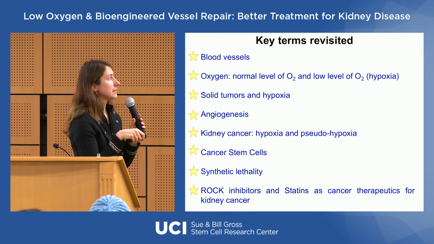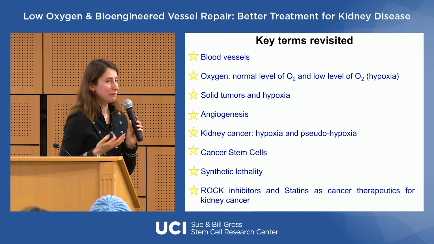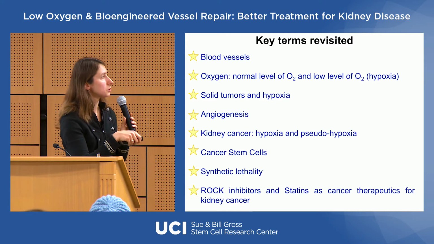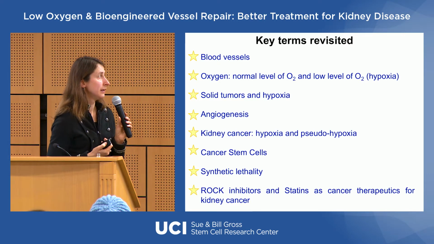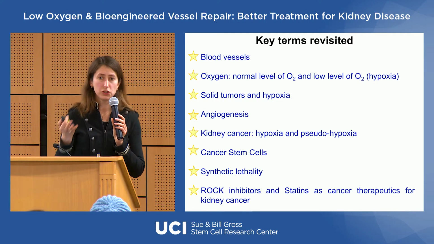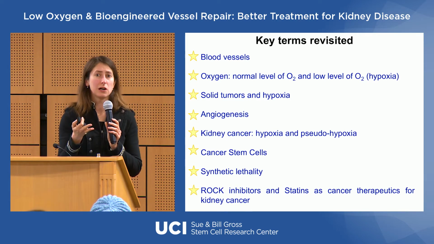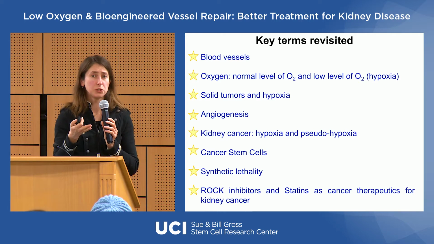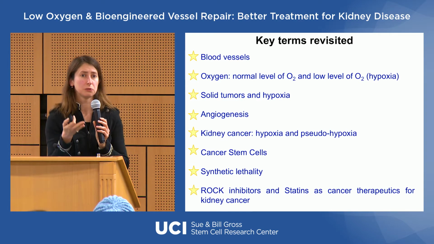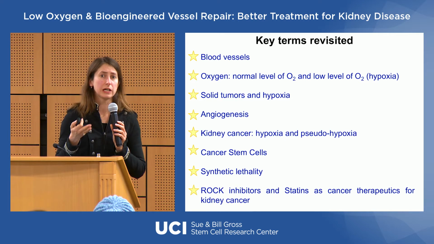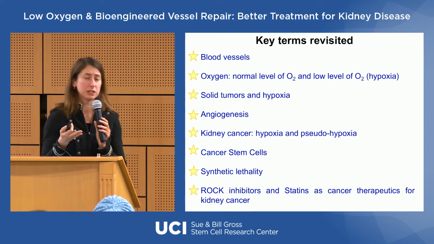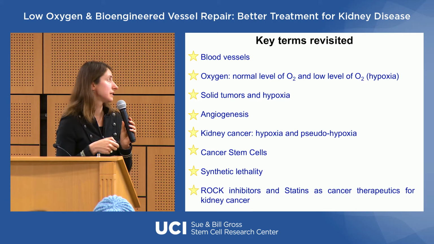For kidney cancer, I explained to you that they do have hypoxic regions as other solid tumors, but they also have so-called pseudohypoxia. This is when the oxygen tension is normal, but the cells think that they are in low oxygen. And then they have the hypoxia-inducible factor, the powerful transcription factor, which unleashes the program needed for survival in hypoxic regions and also drives metastasis.